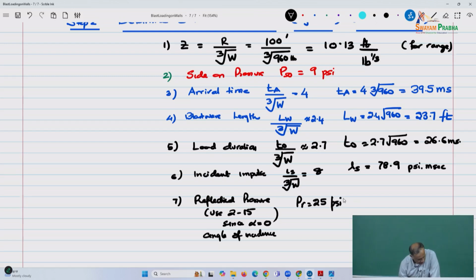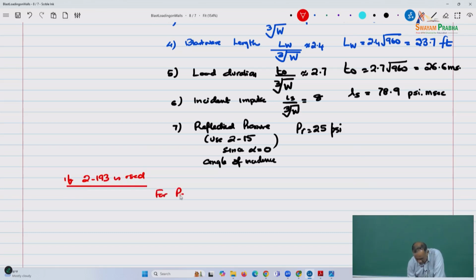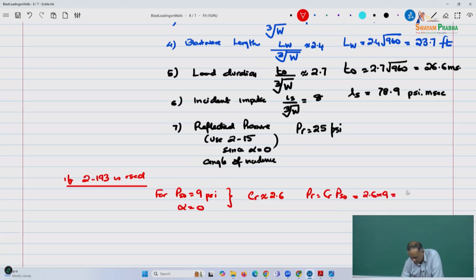Just as a reference, if 2-193 is used, what you have is for PSO equal to 9 psi and alpha equal to 0, you get CR is about 2.6, or PR is equal to CR times PSO, which is 2.6 multiplied by 9.